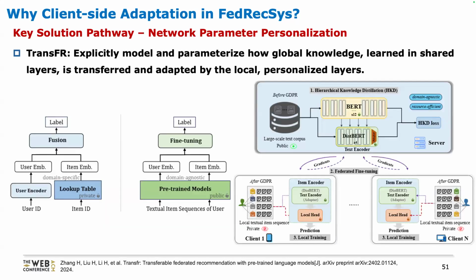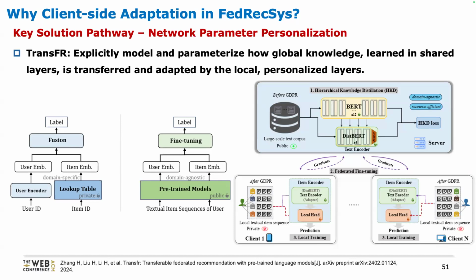So with TransFR, the key idea is to personalize only a small part of the network on each client. It keeps the big shared encoder fixed and lets every device learn its own tiny adapter model. Those adapter weights are the only network parameters that users tune locally.